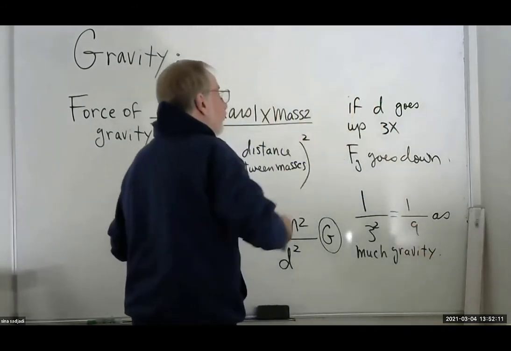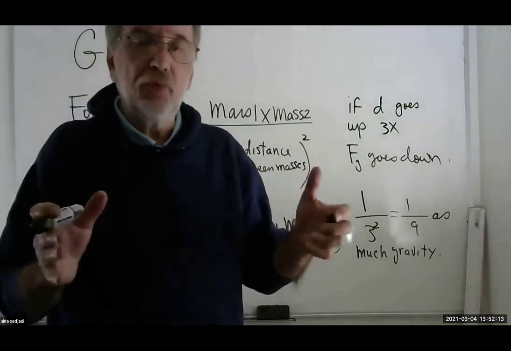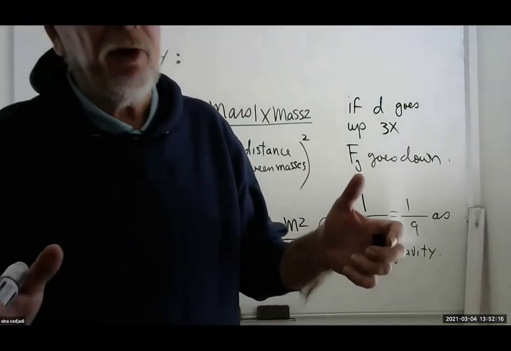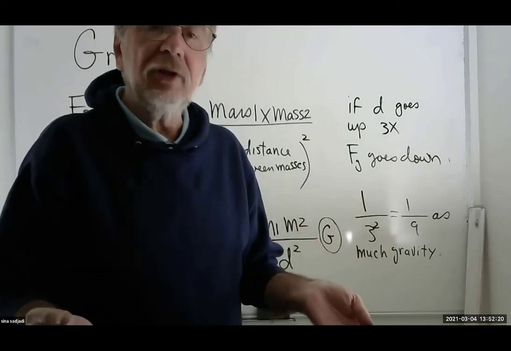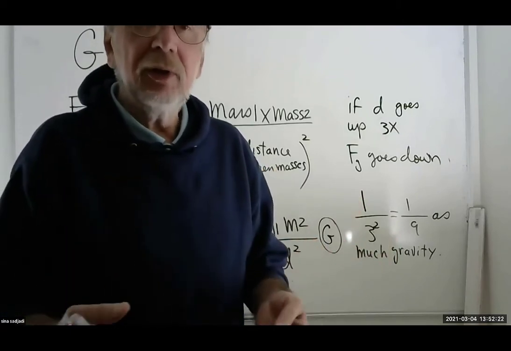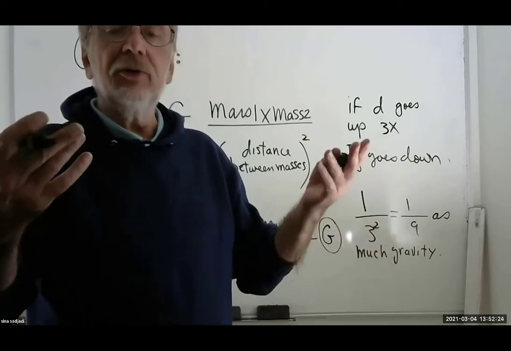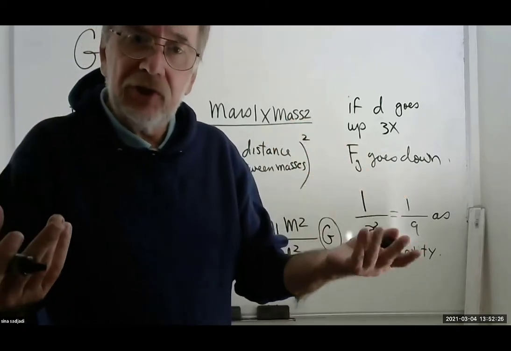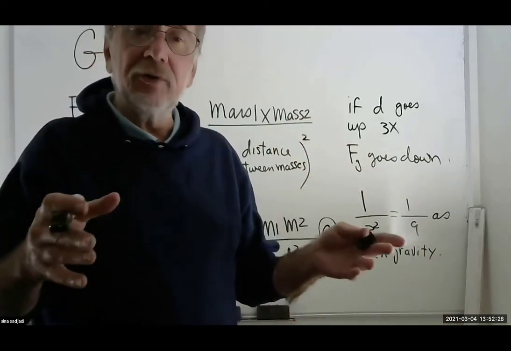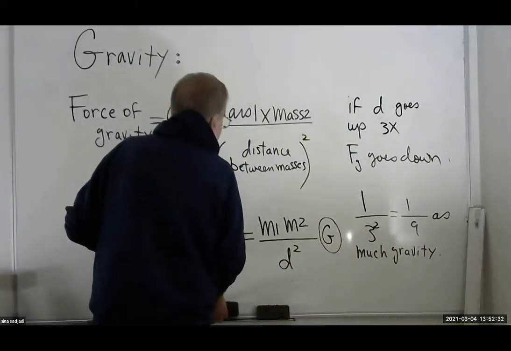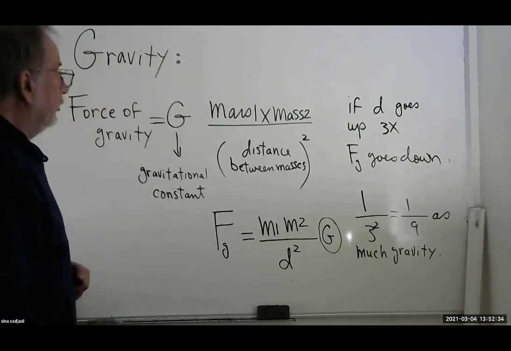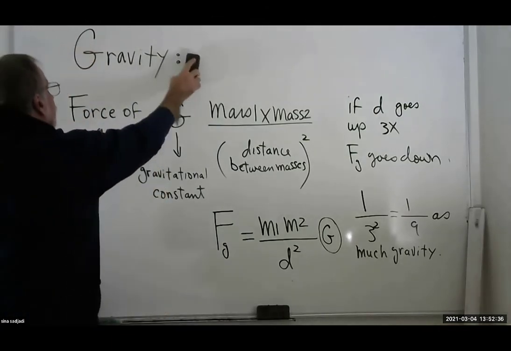What happens if you quadruple your distance? You go 4 times farther from the Earth. The force of gravity goes down 16 times. That's right, it goes down 16 times if you go 4 times farther. All right, so let me show you that in graphics. Let's take a look.